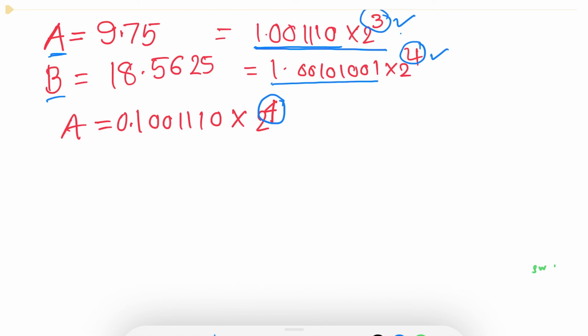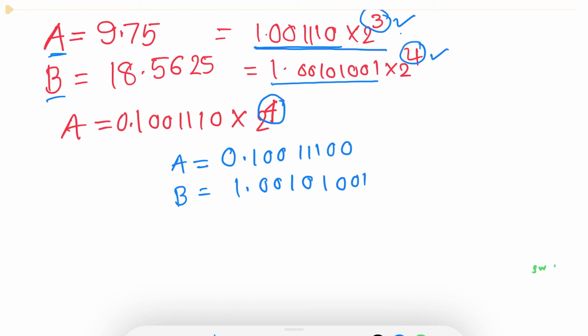Now we need to add the coefficients. The coefficient of A is 0.1001110, and the coefficient of B is 1.00101001. So simply add them and we will get 1.11000101.